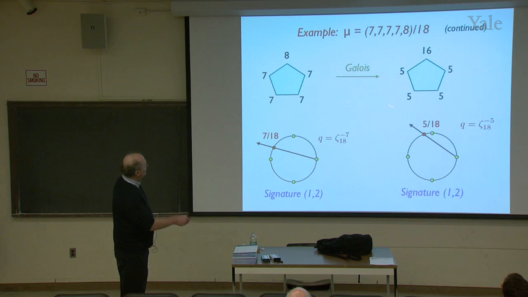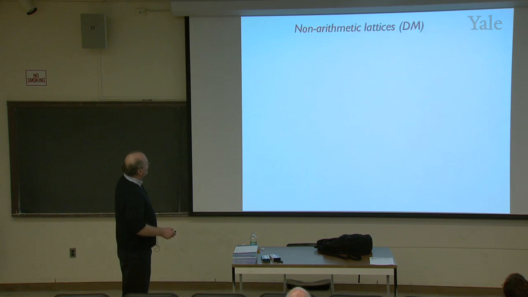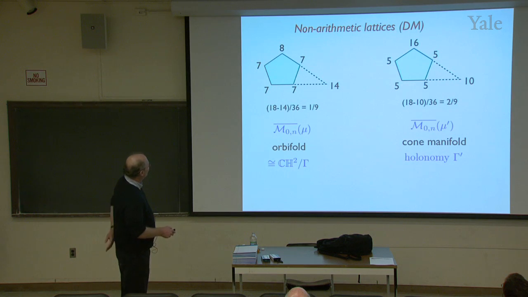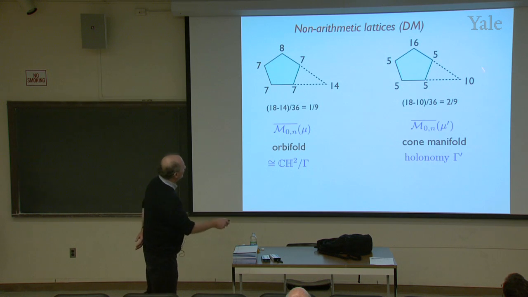So this object gives rise to a complex hyperbolic space, as does this. Moreover, there's a map between them. Sorry, let me bring them both into play. So on this side, we have a complex hyperbolic orbifold. On this side, we only have a complex hyperbolic manifold.